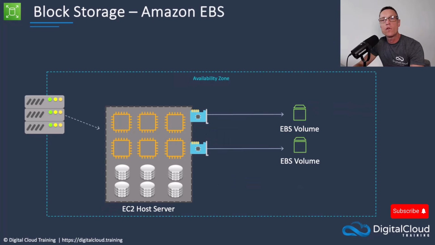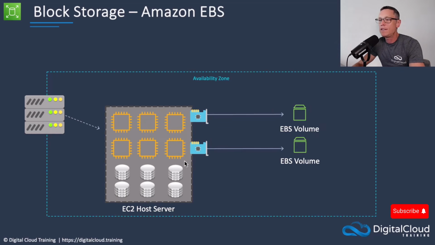Now, for block-based storage on AWS, we have the Amazon Elastic Block Store. With EBS, the volumes that you attach to your instances are actually attached over a network connection. However, they are using block storage protocols. So we can see here we have the EBS volumes, and we can connect those to our EC2 instances.